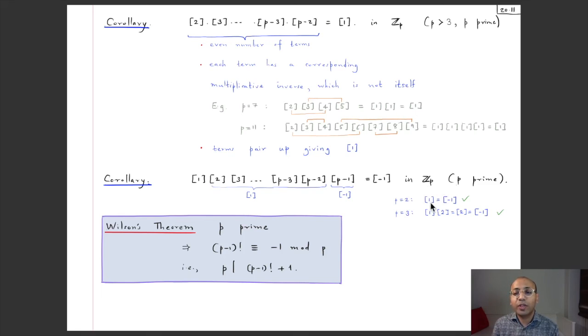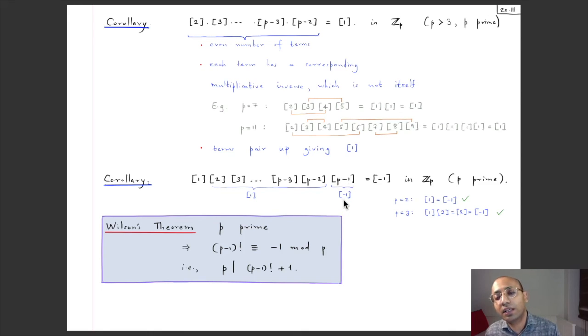And now let us prove it for p which is strictly bigger than 3 by using this result. Now this is just the identity element, so it is enough to calculate what this is. And if p is bigger than 3, we know that this product is equal to 1. So it suffices to just prove that this is equal to the equivalence class containing minus 1.